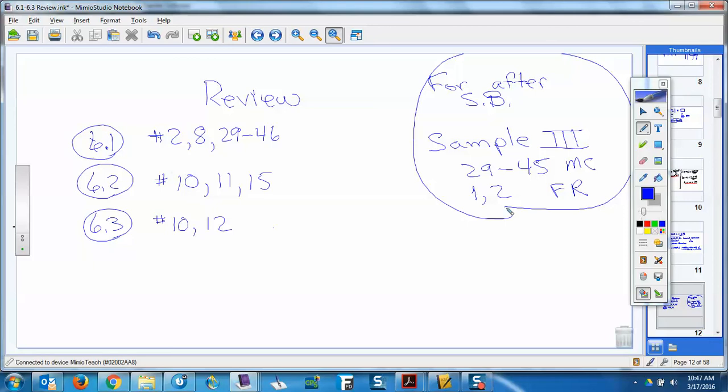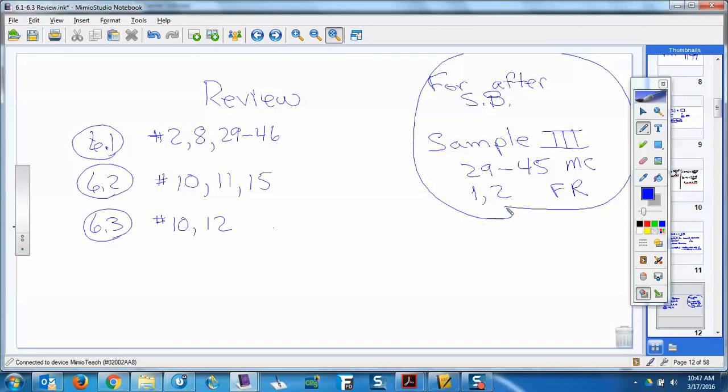Okay, so I'll help you out if you've got questions on these review ones you want to do. I got the answer books here if you want to work on your sample packet some more. It'd be the same as what's on this sheet.